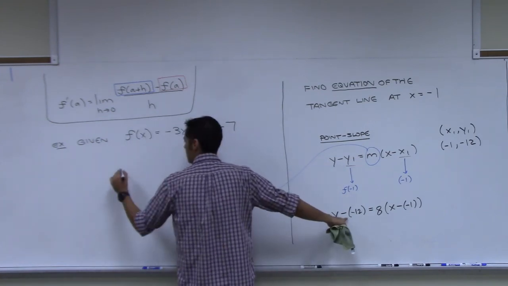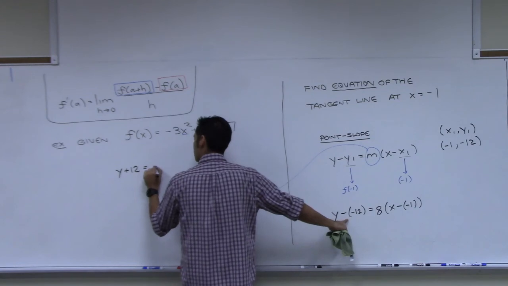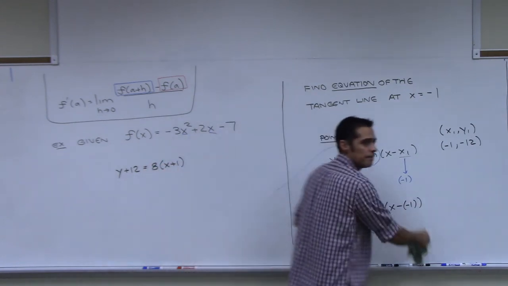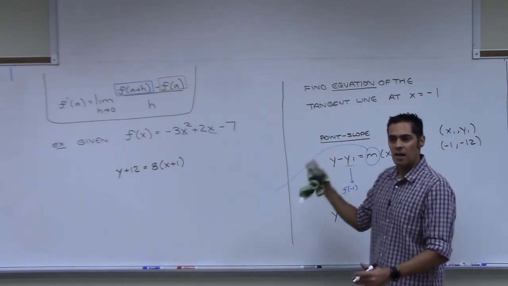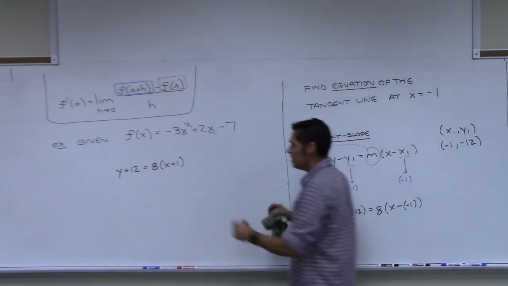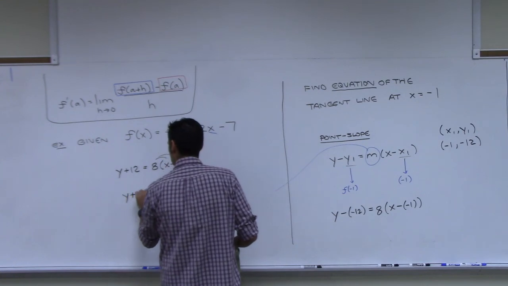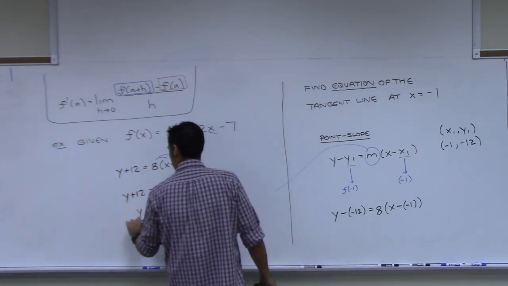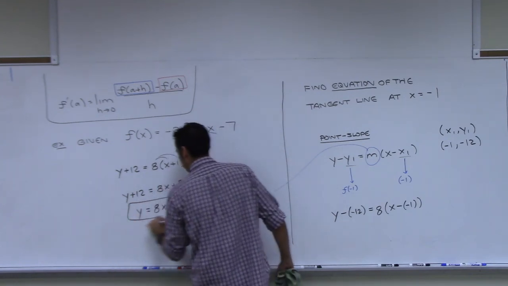Minus and minus is plus, so y plus 12 equals 8 times x plus 1, because again, a minus minus is plus. And let's solve this for y. Let's get it into that nice form, y equals mx plus b. So I'll distribute 8 through, and then finally subtract 12. There it is.